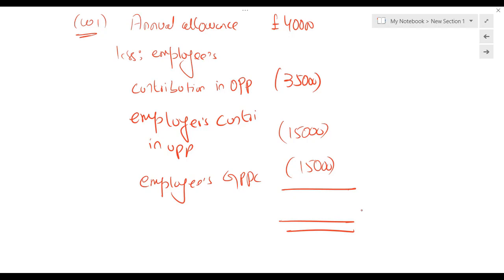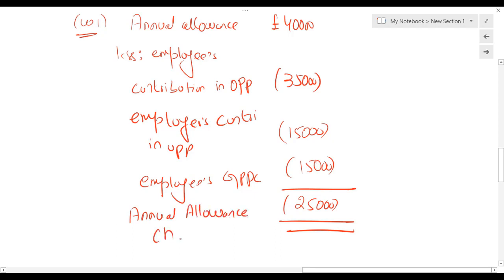Okay, let's see. 25,000 negative is representing the excess contribution. We call this the annual allowance charge. This annual allowance charge is subject to tax and the applicable tax rates are those of non-saving income.